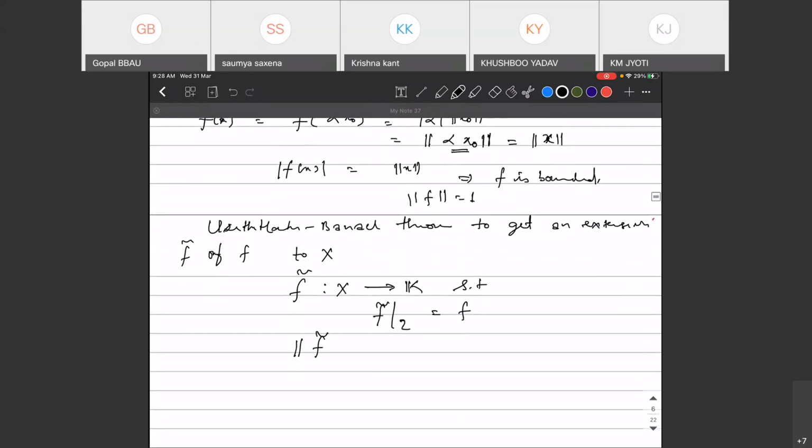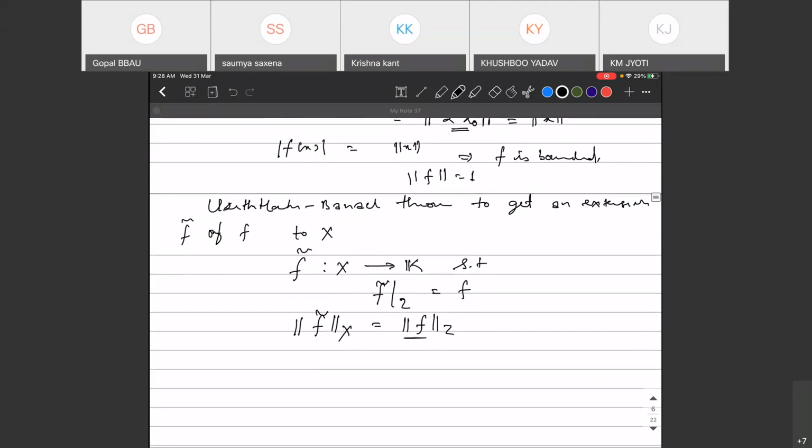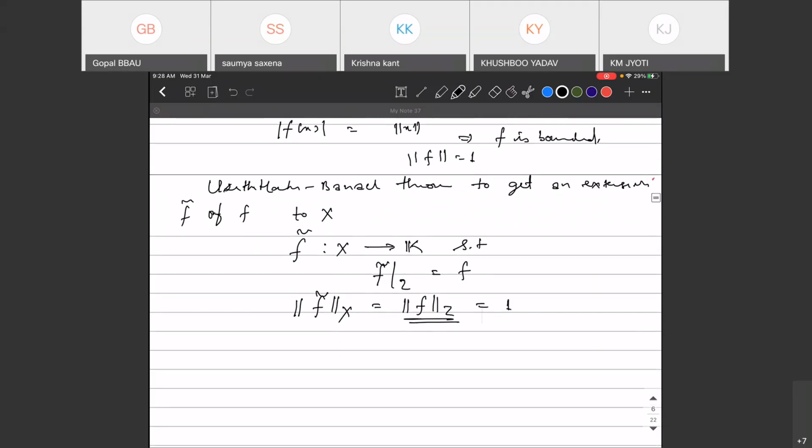You know the norm of f on Z is 1, and by the definition of f, f tilde at x naught is f of x naught, which is nothing but norm x naught.